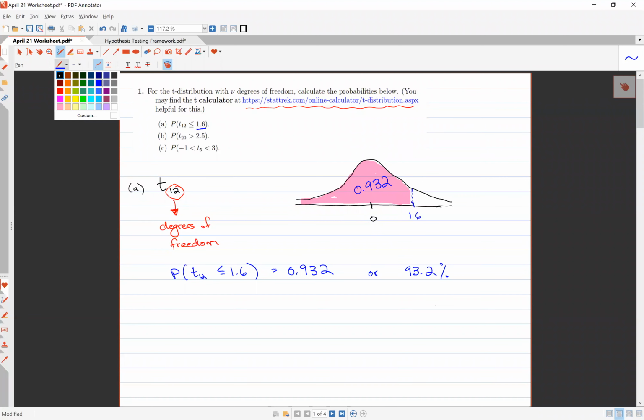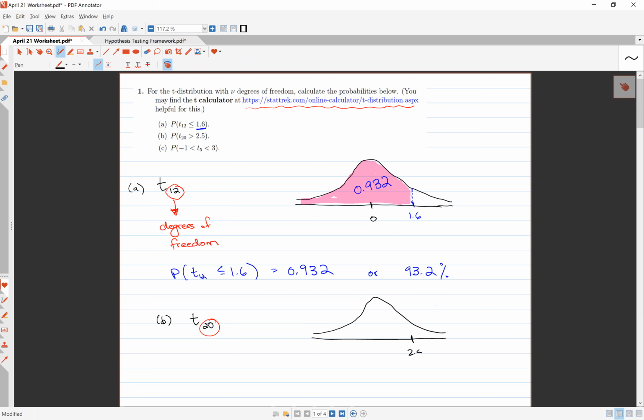Now let's look at B. This time we're dealing with a t-distribution, 20 degrees of freedom. And I can visualize my bell curve again.